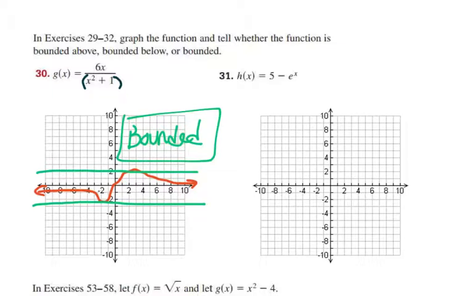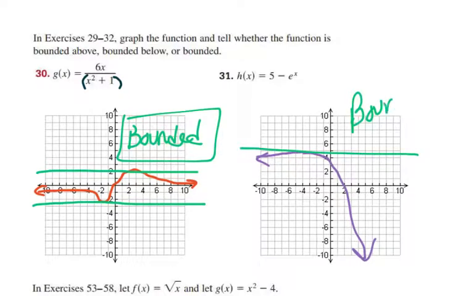Ooh, it is bounded above. Alright, so looks like it's at 1, 2, 3, 4, 5-ish. And then it goes down exponentially, of course. So that means that it is bounded above. And again, it doesn't matter what that number is at this point. All they wanted you to know is is it bounded above, below, or bounded?